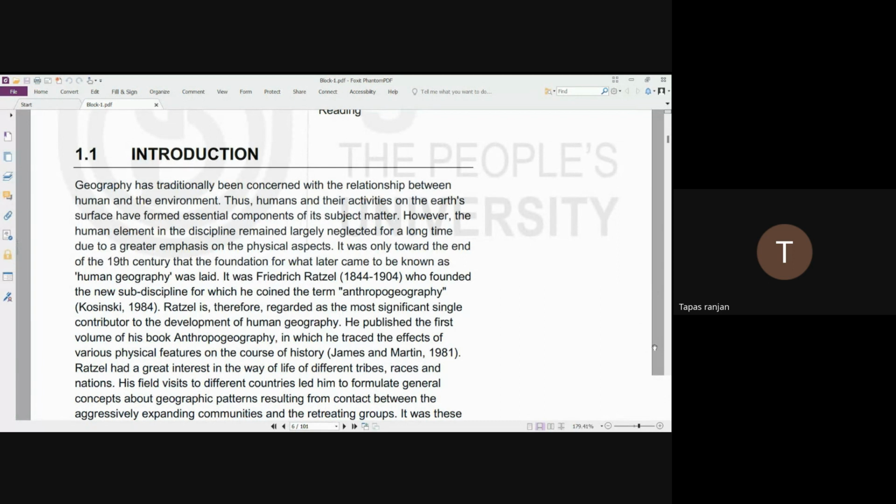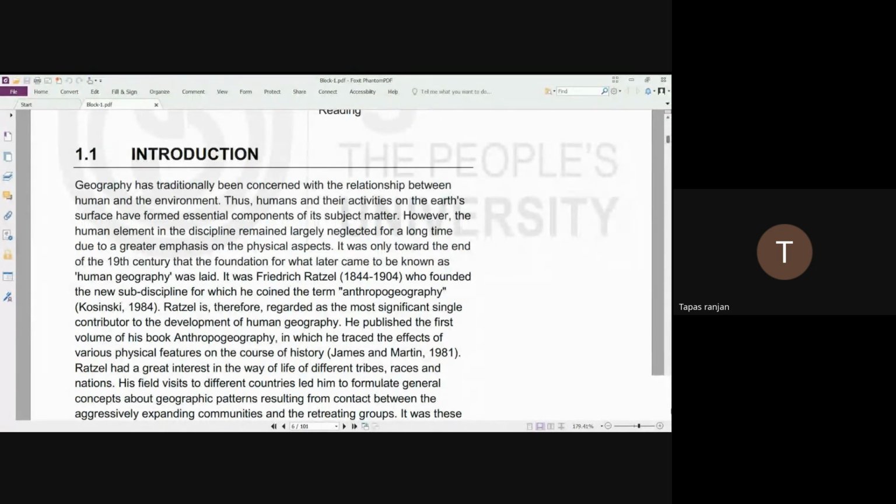But now we are studying population or human geography as a field of geography, and in this discipline, the population part was missing. It was only around the mid 19th century when Ratzel wrote the book Anthropogeography that the population part got its attention.